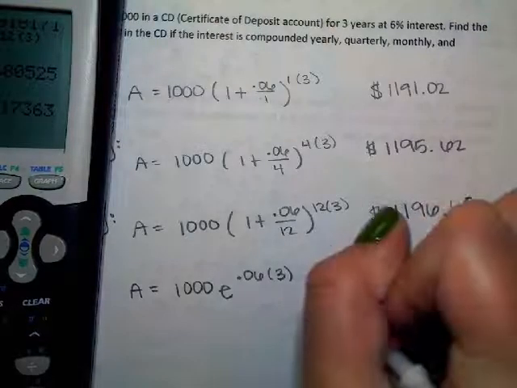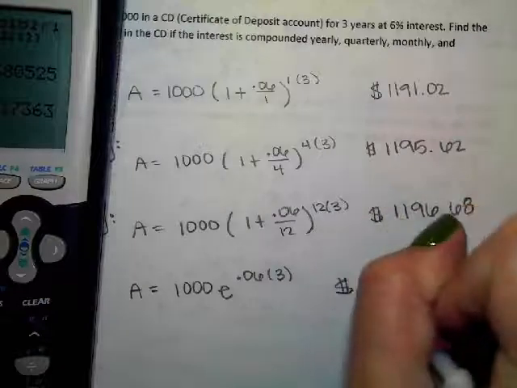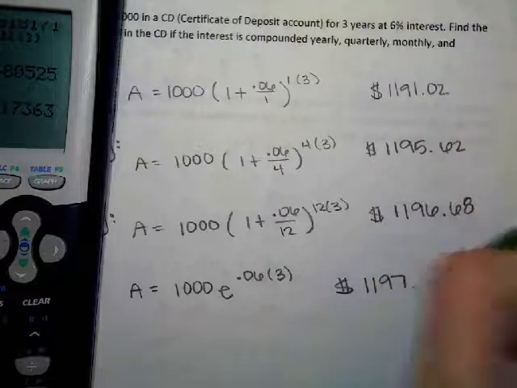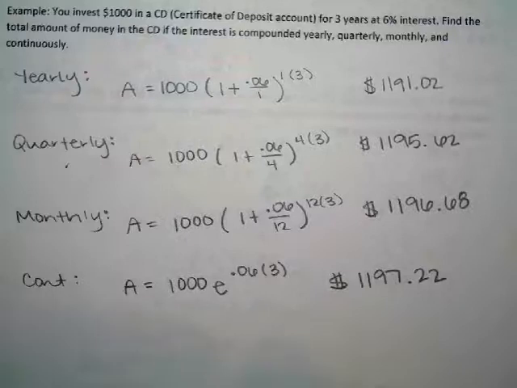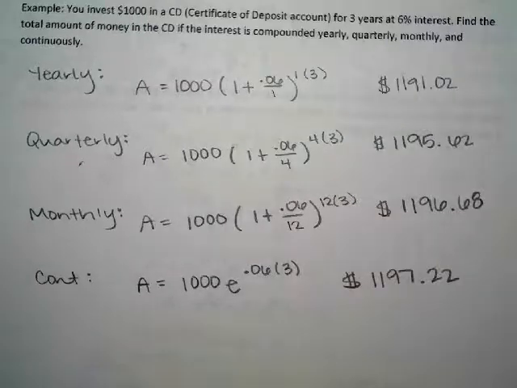All right. When you're looking at how often your interest is compounded, continuous, the more the better, right? The more often, the more money you're going to get from interest.